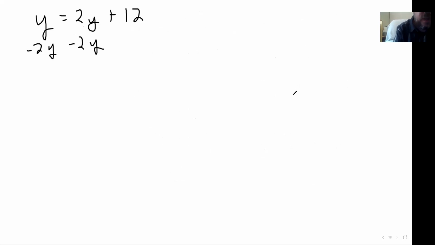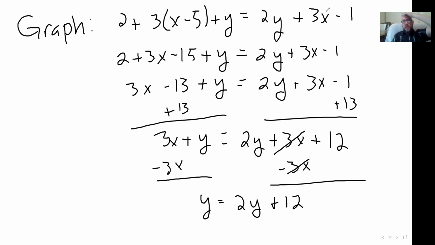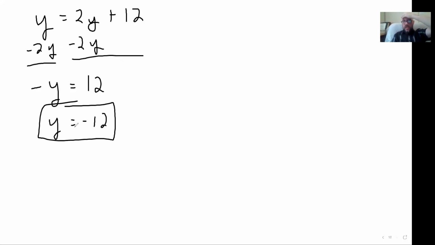You've probably noticed already that there aren't any more x's. So it turns out that this complicated, messy looking thing was a horizontal line the whole time. It's y equals negative 12 because all the x's went away.